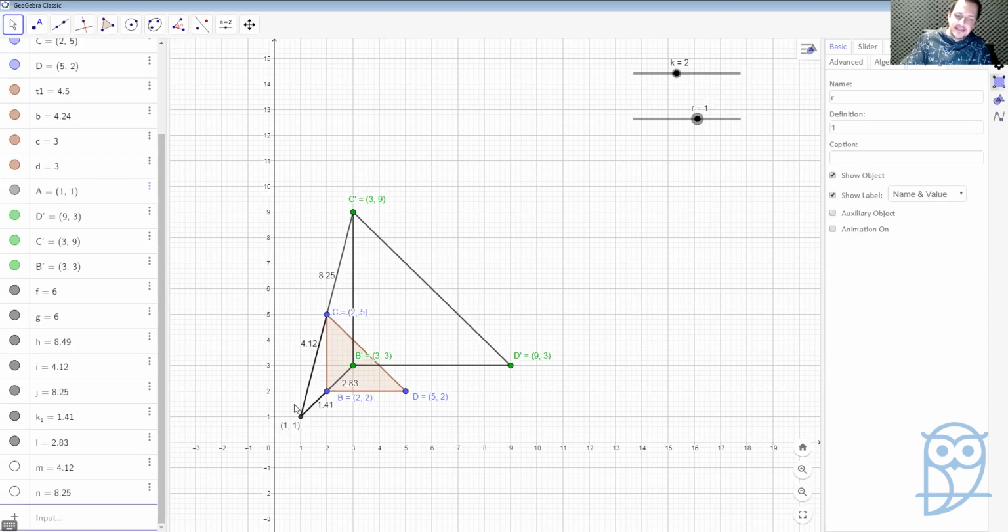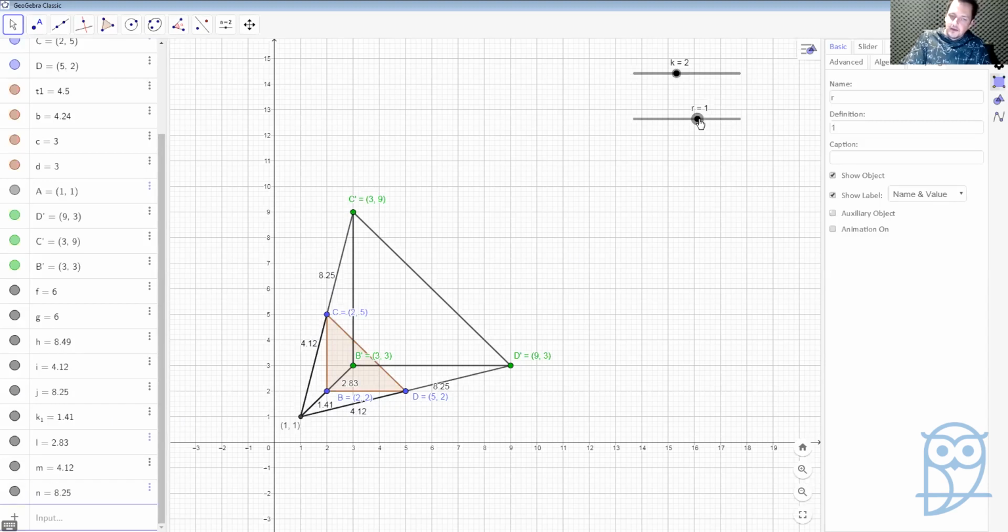It's double that distance. Similarly here, that distance there is your 4.12 because it's going to be the same. And then if you increase that line, you need a whole nother one of these lines from there to make the length doubled.